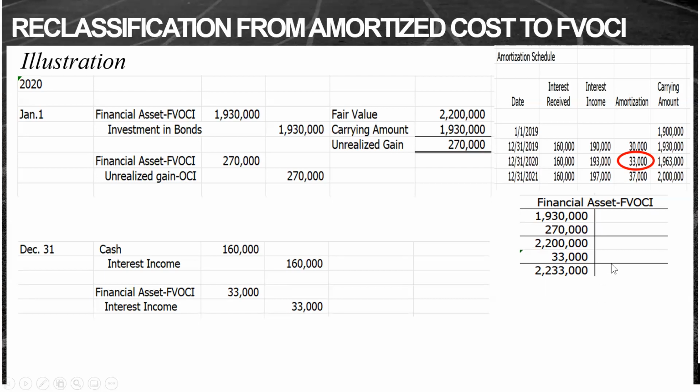So we started with 1,930,000 and then we added the increase in fair value of 270,000. So we have 2.2 million. Then now, we add the amortization of the bond discount of 33,000. So the carrying amount of our financial asset at fair value through OCI is 2,233,000.